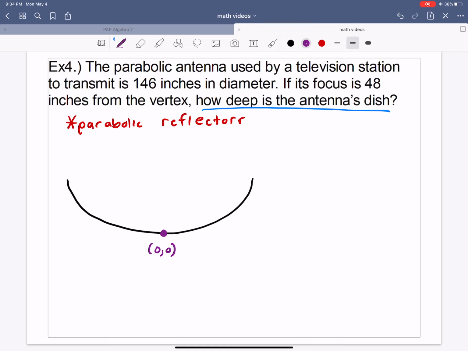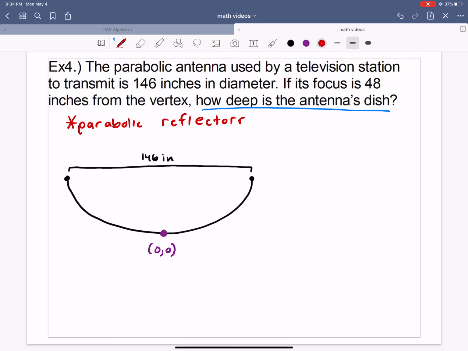Now, here is what we know from the problem. We know the diameter is 146 inches. That means from this distance to this distance is 146. Now, let's think about this.